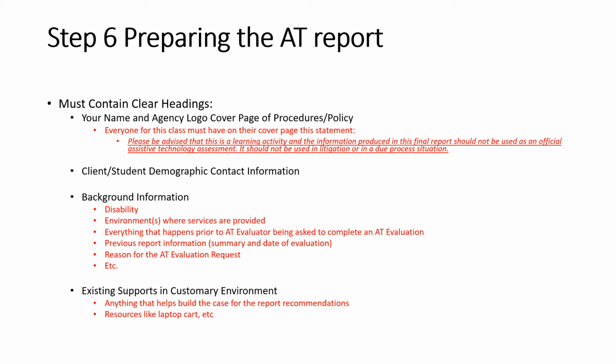Client-student demographic information is needed. In this case, for this class, it is going to be a make-believe name. Do not use the student or client's real name or location. Background information: disability, environments where services are provided, everything that happens prior to when you were asked to complete an AT evaluation, previous reports, reason for the AT evaluation, etc. Existing supports in the customary environment: anything that helps build the case for the report, recommendations, resources like a laptop cart, and so on.